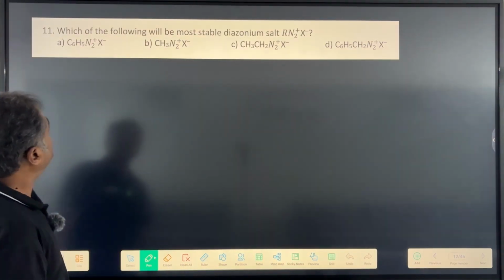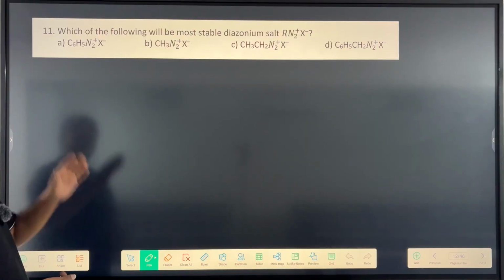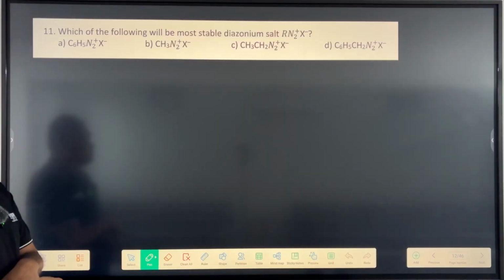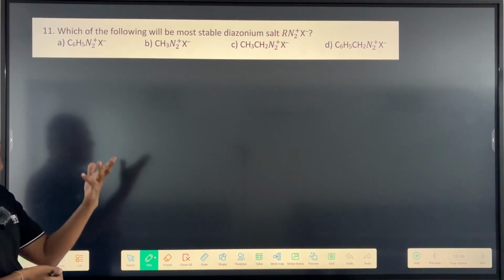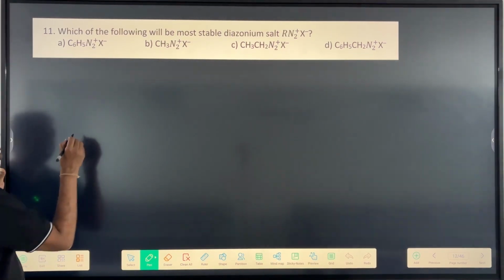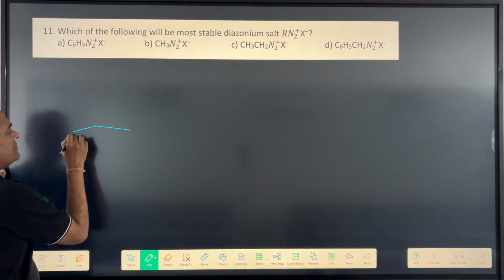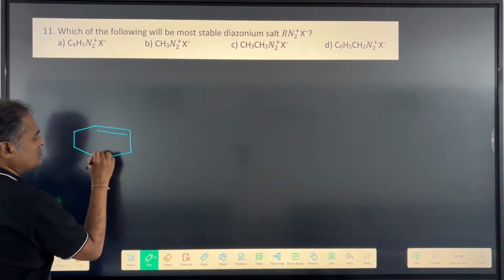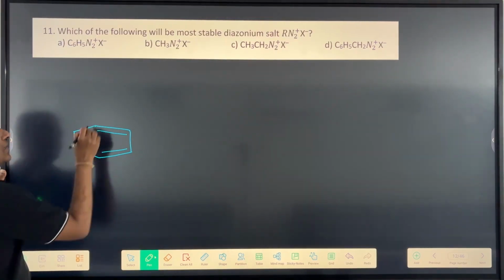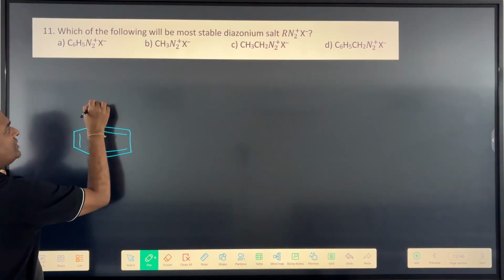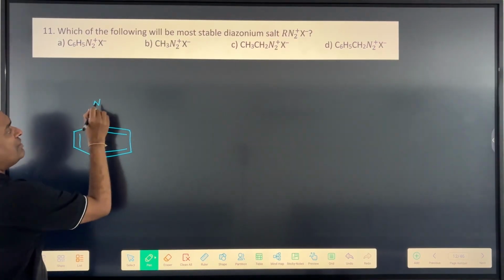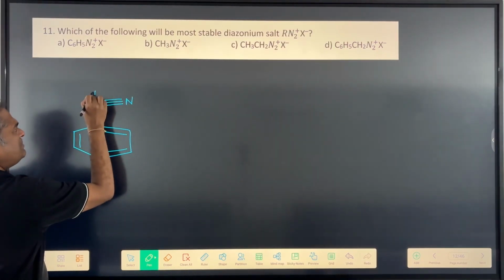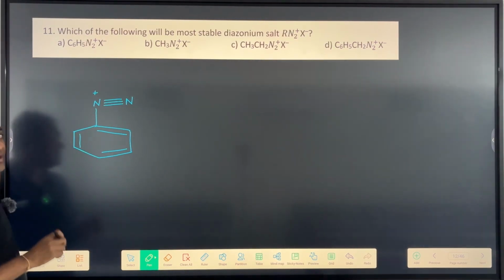Now child, over here, which of the following will be the most stable diazonium salt? I should remind you one thing: when you write an aryl diazonium salt, we write it like this, where you have N, triple bond N, with a plus charge.